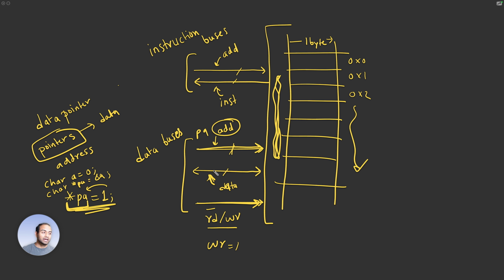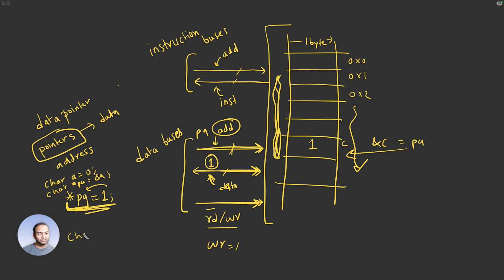And then after that, the value of 1 will be put onto the data bus. And because we are doing a write, the circuit here will select that address where a is available, meaning the address of a, which is conveyed by pa, and then load into that one.